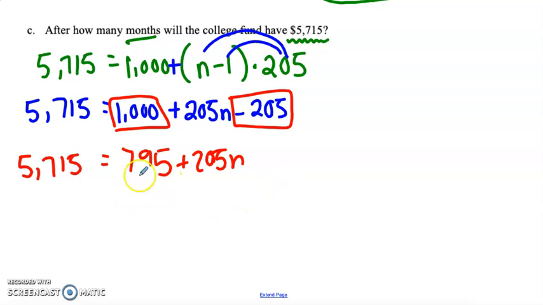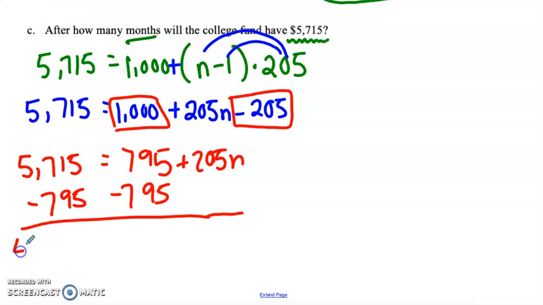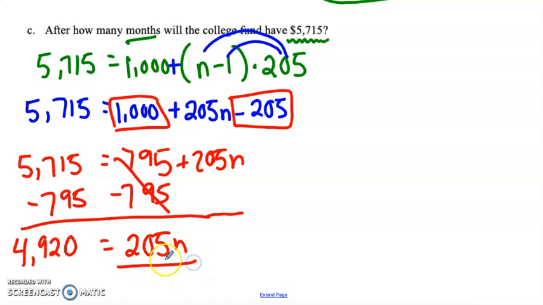Now I'm going to subtract this value over here to get n by itself. So subtract 795. Hello, my lovely dog. Sorry about that. She heard a dog outside. When you subtract these terms, you get 4,920. Cross that out, bring down that 205n. Now I need to get n by itself and divide by 205.